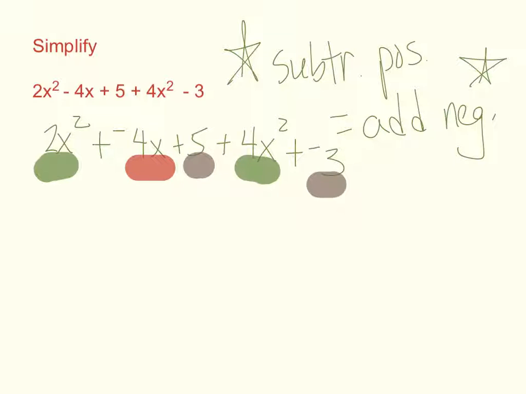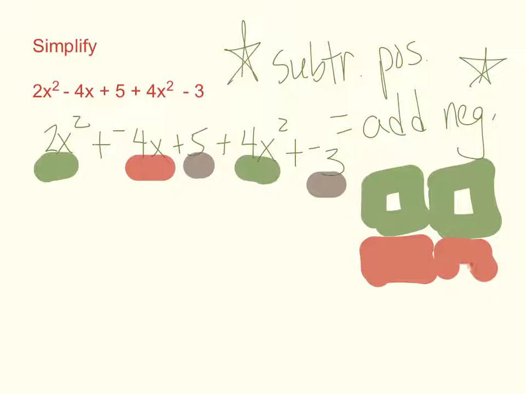Now if you want to draw this, it would look like this. Those of you who are visual and like to draw these, you would have 2x squareds. You would have 4x rectangles, but they're negative. So then you could label them with a negative sign.